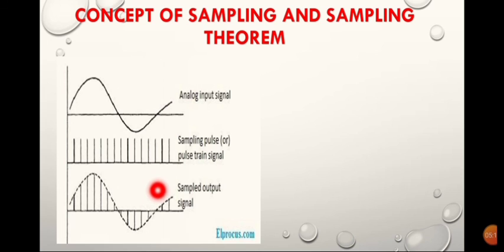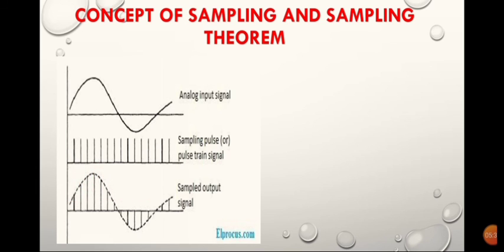That is shown in this figure. Here you get the sample by using the sampling pulse. This pulse is used to sample the signal, and the sampling takes place like this. You see the analog signal in dotted form. That means the analog signal is cut with this sampling pulse and you obtain the sampled output signal.